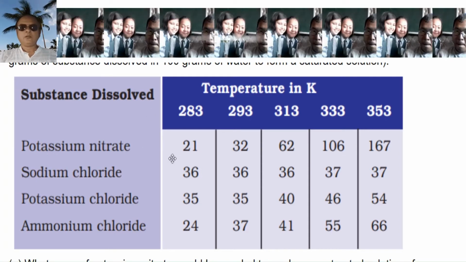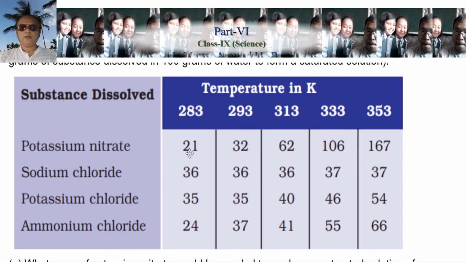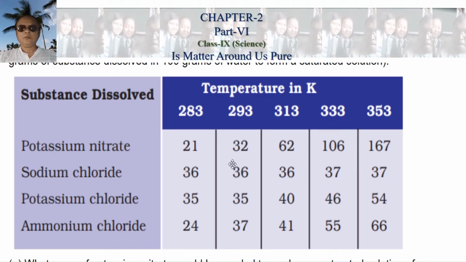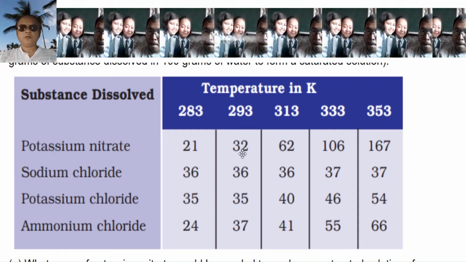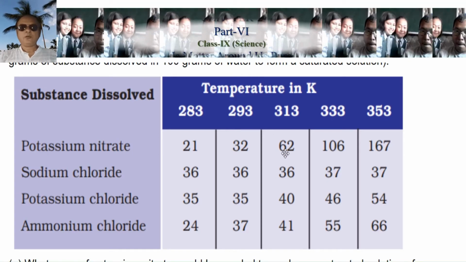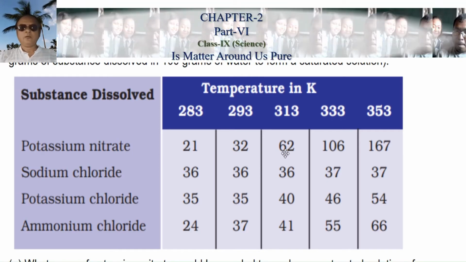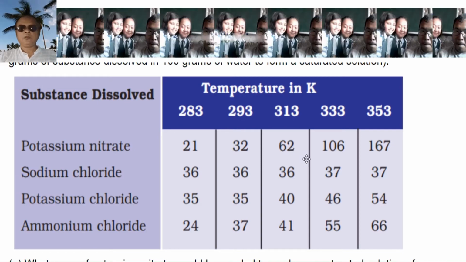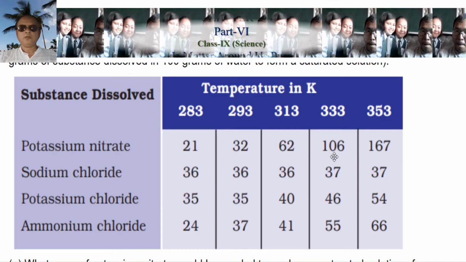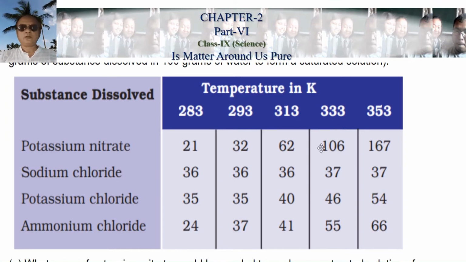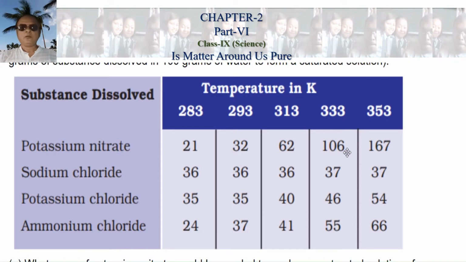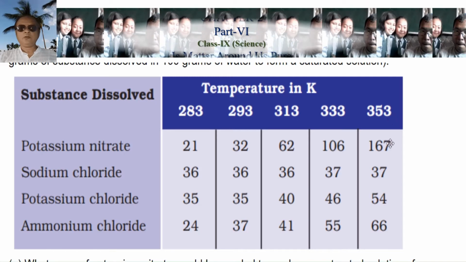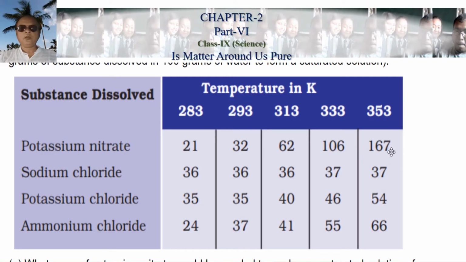So potassium nitrate at 283 Kelvin can mix up to 21 grams, and at 293 we can mix up to 32 grams, and at 313 Kelvin we can mix up to maximum 62 grams, and at 333 Kelvin up to 106 grams, and at 353 Kelvin up to 167 grams.